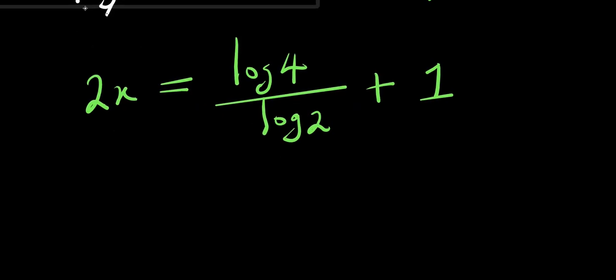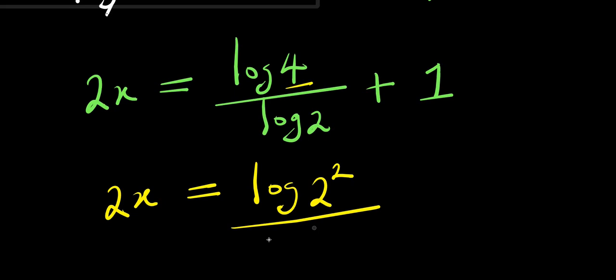From here, I have 2x equals log 4 is 2 power 2 divided by log 2 plus 1.